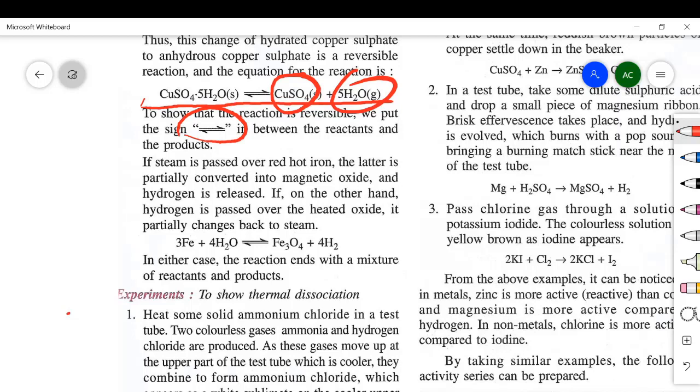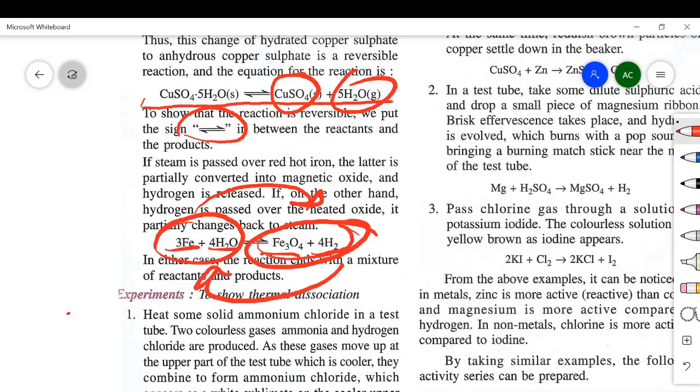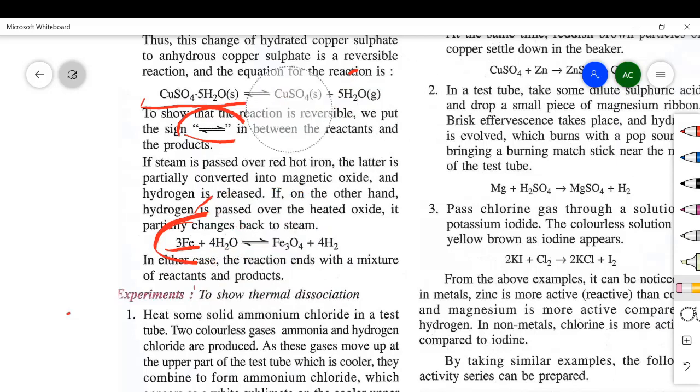If steam is passed over red hot iron, it will convert into oxide and then hydrogen gas is released. But when hydrogen is passed over the heated oxide, the reaction goes the other way. When you start from here, this reaction will go like this. But when you start from here, this reaction will go like this. So this is known as a reversible reaction.